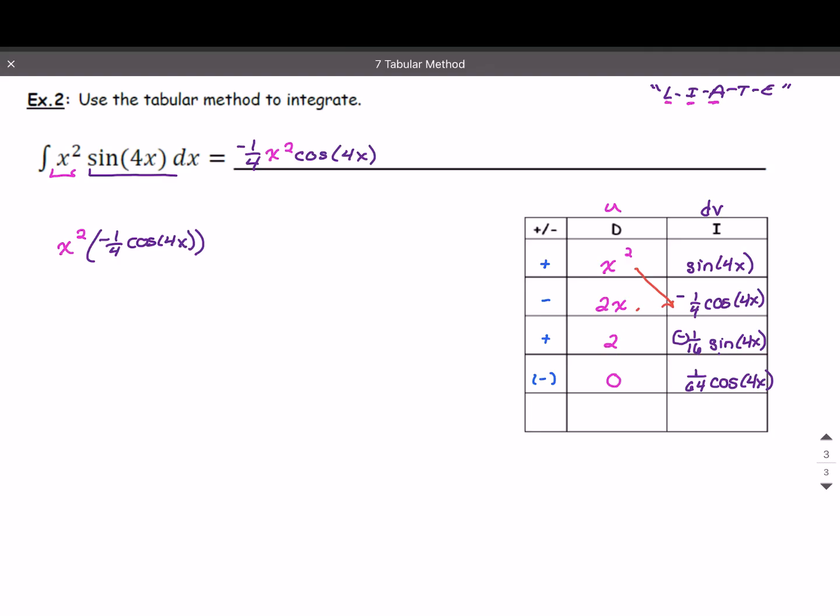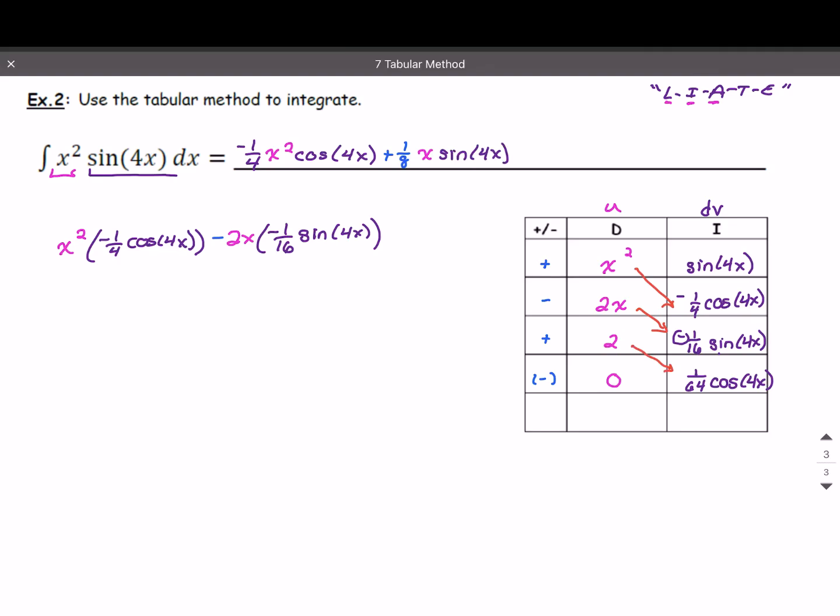Now, on the next diagonal, we're going to have minus 2x times a negative 1 over 16 sine of 4x. Now, when we multiply that, the negative times the negative is going to be positive, and the 2 times 1/16 is 1/8. We still have our x. We still have our sine of 4x.